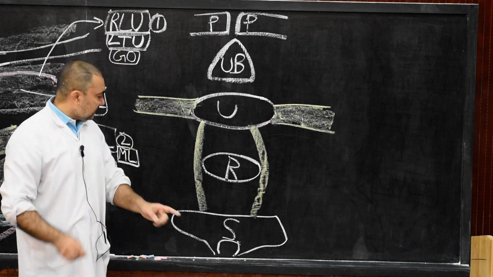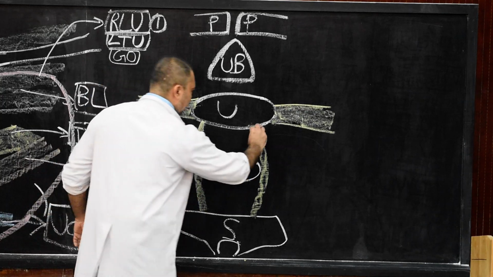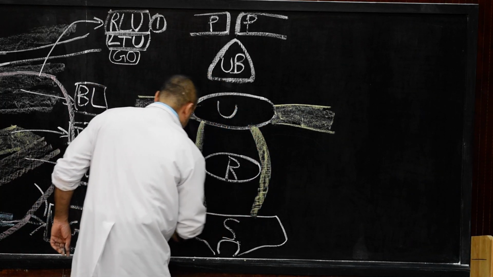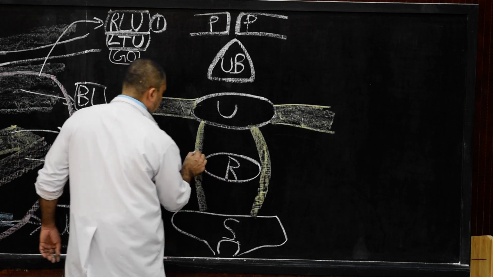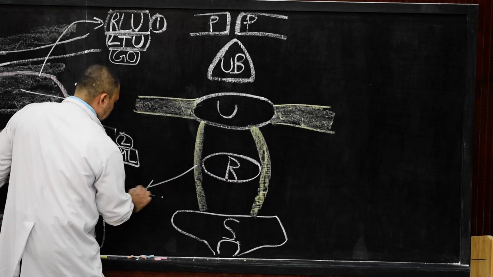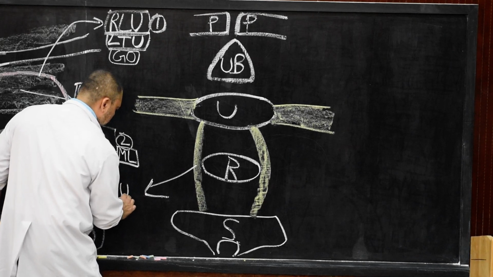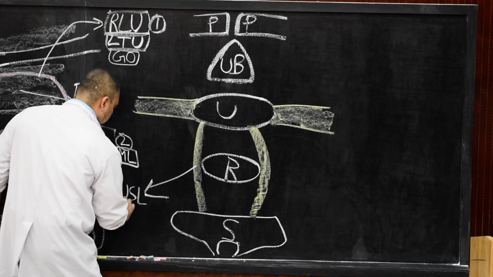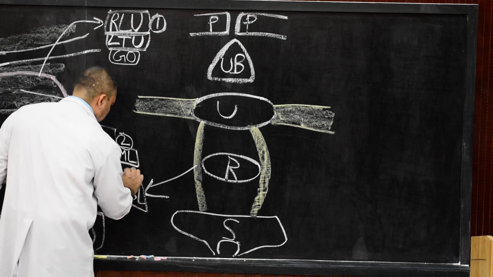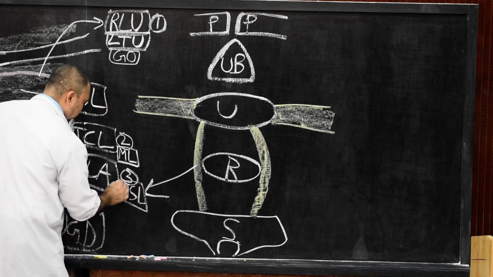In the same way the third pair is the uterosacral ligament. Please name this ligament as the uterosacral ligament, ligament number 3.